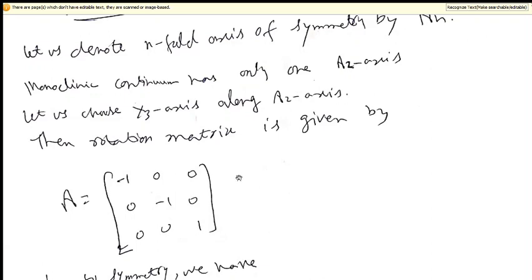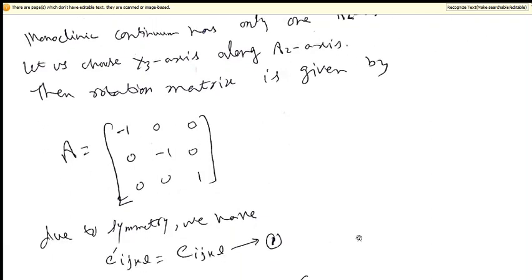The angle of rotation is pi, so sin pi is 0, cos pi is minus 1. This result is from your previous lectures, in which you have written the rotation matrix of an angle theta about the x3 axis. The angle of rotation is 2 pi by 2, means theta is equal to pi.